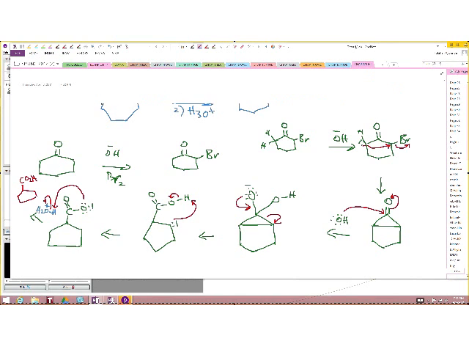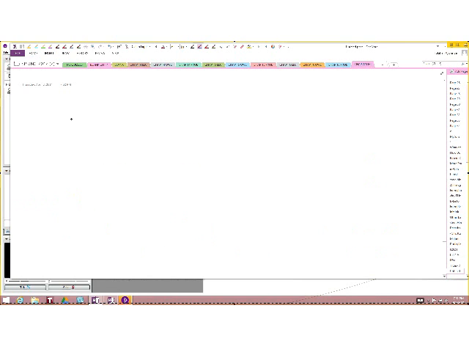So therefore, if I have a 5-member ring, say we have a leaving group here, alpha iodocyclopentanone, and then I simply have step 1, hydroxide, and then step 2, what will be the product? Cyclobutane carboxylic acid. Very good.